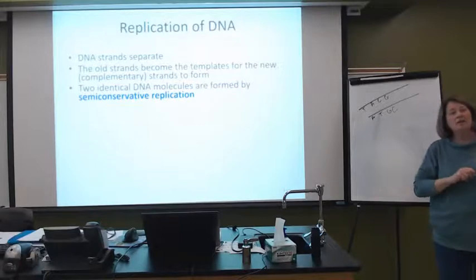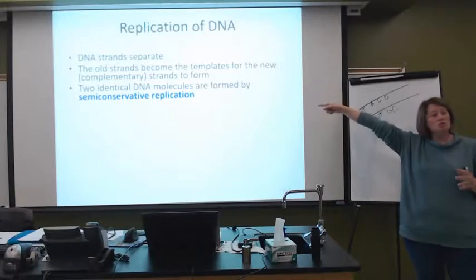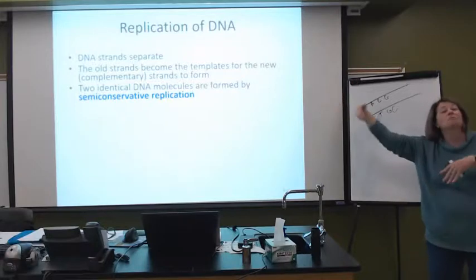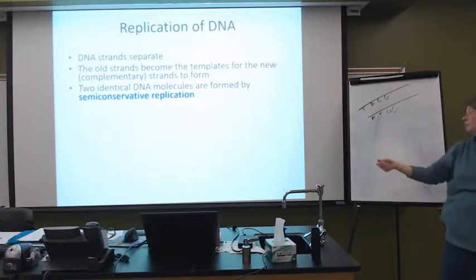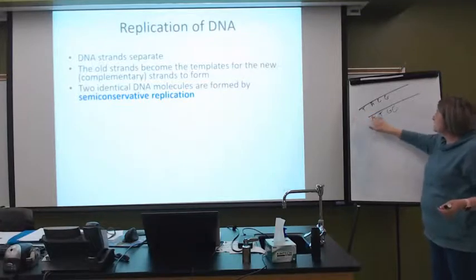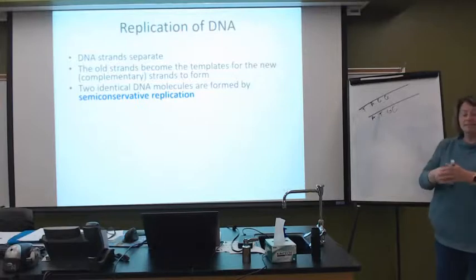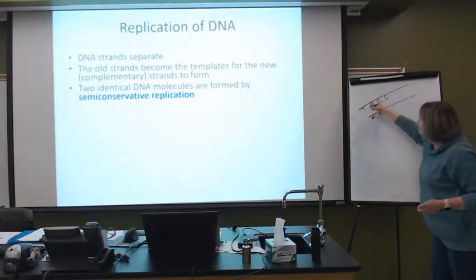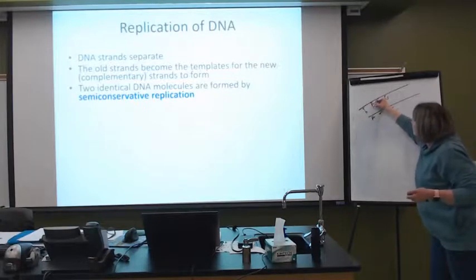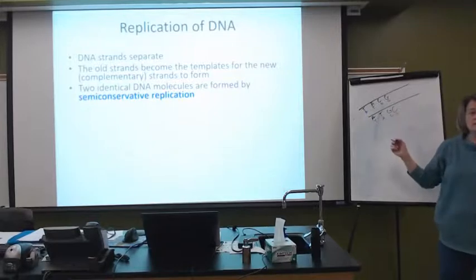So if it comes time for my DNA to duplicate, to replicate, to make a copy of itself, almost looks like that zipper does this number. These strands kind of open up. Nucleotides get to come in and match up. Does everybody kind of see that?